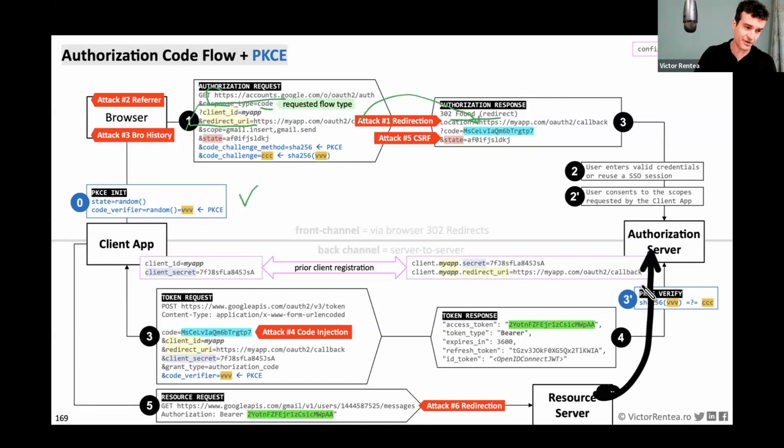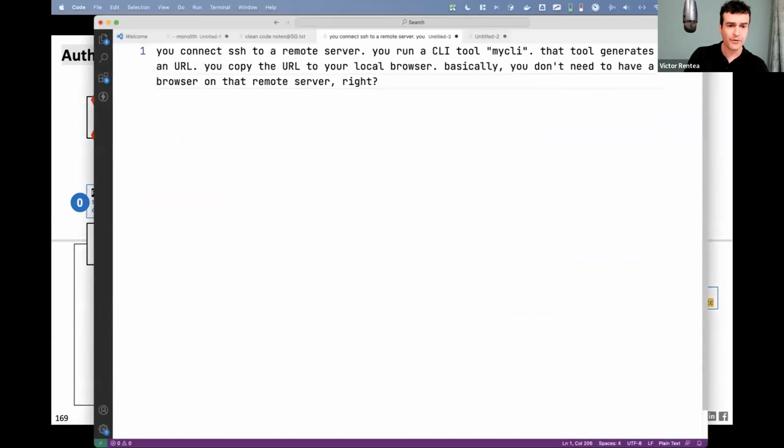There are various strategies. Okay, and let's try the question from Cosmin, if I'm able to handle that. Let's see. You connect SSH to a remote server. You run a command line tool. The tool generates a URL. You copy the URL to your local browser. Basically, you don't need to have a browser on that remote server.